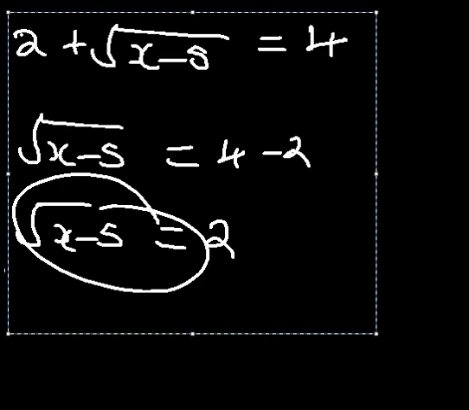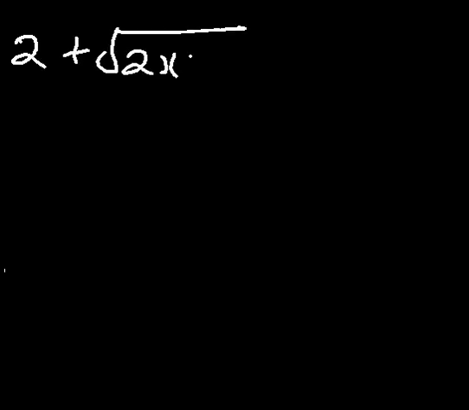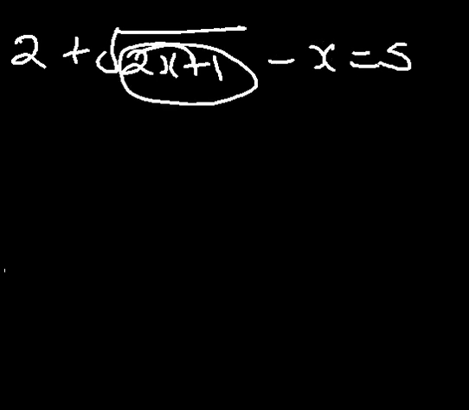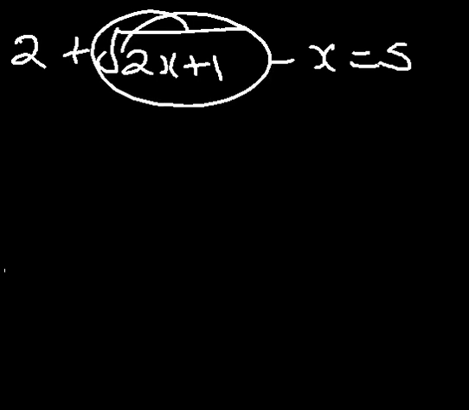And let's say we have this case. Let's say we have 2 plus the square root of 2x plus 1, minus x, is equal to 5. So how should we be able to solve for x in this case? Despite the fact that we have another x here, from the fact that we have x inside the radical, we have to ensure that the radical has been eliminated. So we'll make that the subject of the formula.